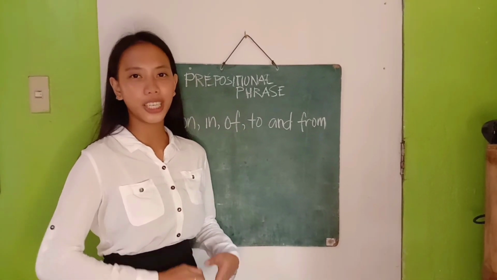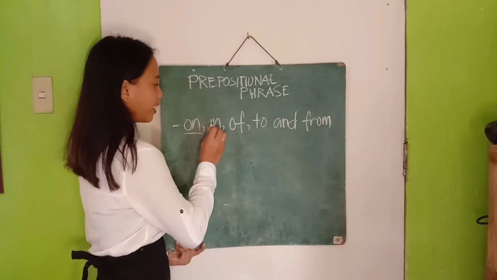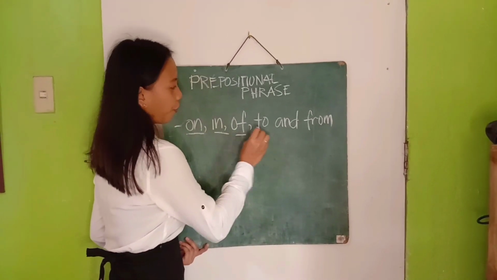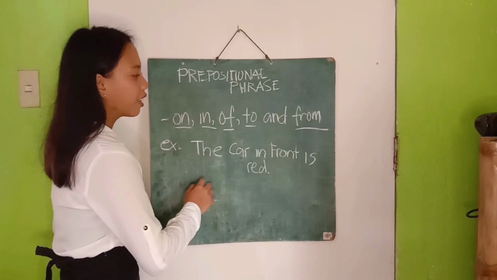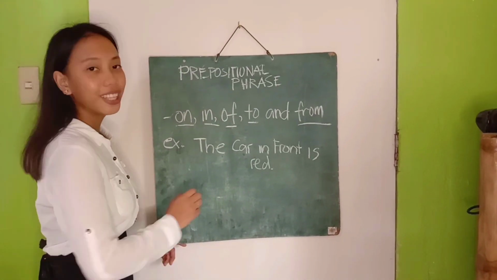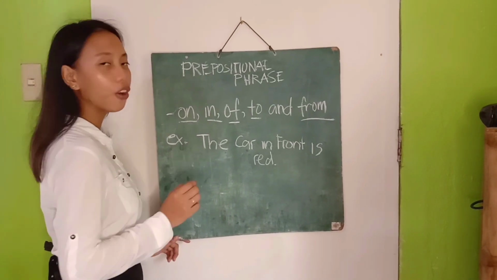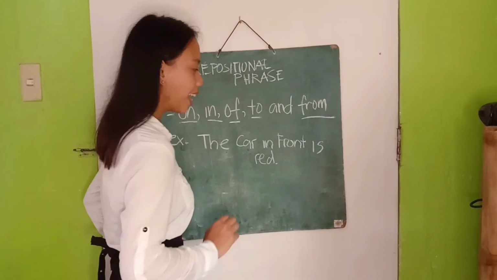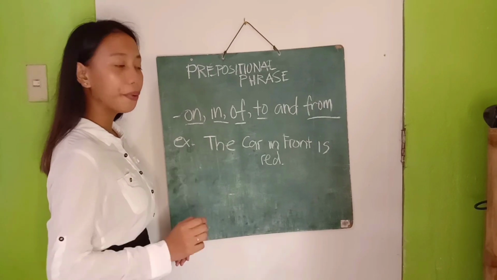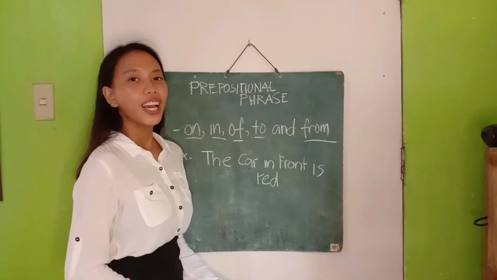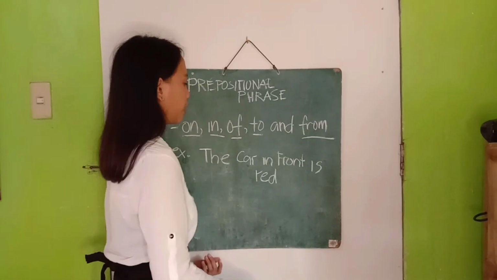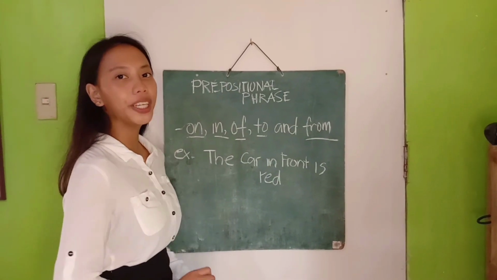Commonly used prepositions are on, in, of, to, and from. For example, the car in front is red. The car is the subject, in front is the prepositional phrase, is our linking verb, and red is a subject complement. To diagram this sentence, draw a horizontal and vertical line.